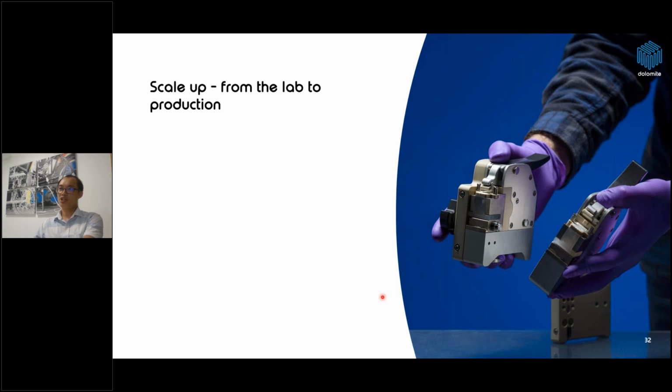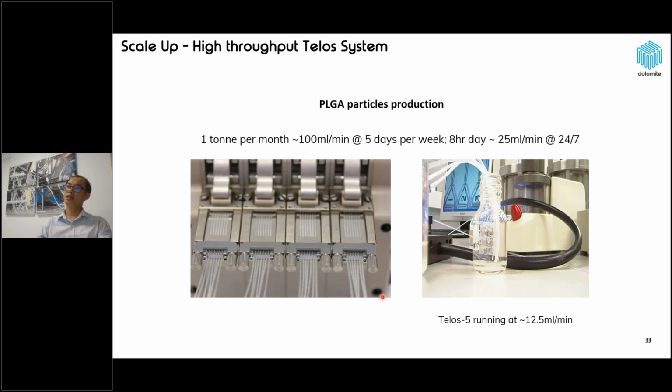For scaling from the lab to production, here is an example where our customer uses our Telos system for making PLGA particles.